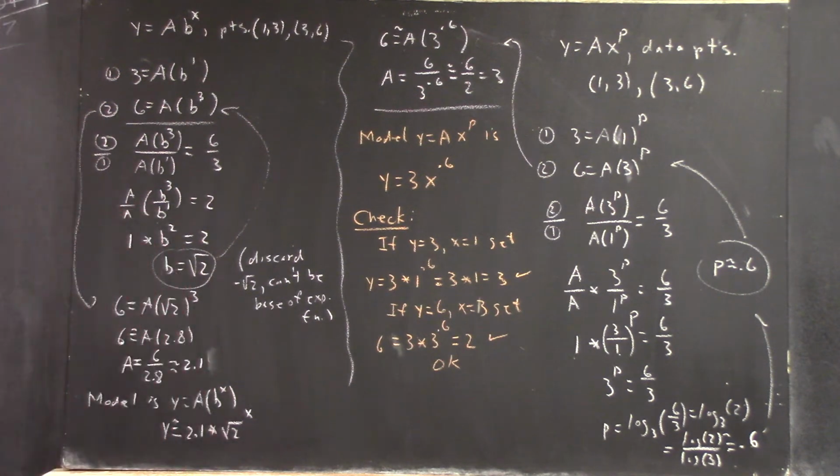Now, on the picture over here, the power function that you get is going to be something like this. I haven't drawn the shape very well. And the exponential function, something like this.